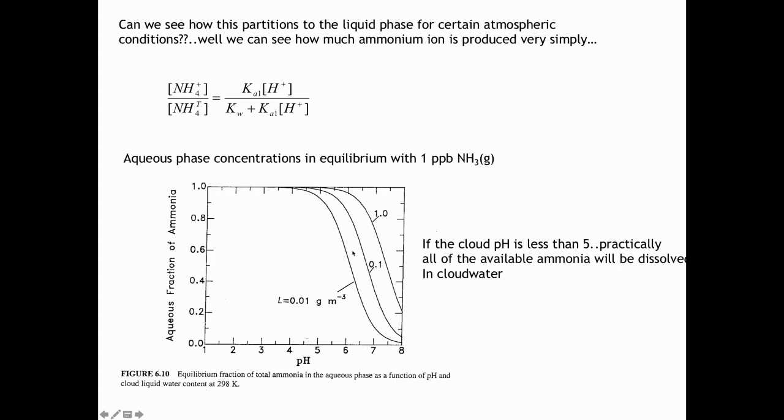If you increase the amount of water, then for a given amount of dissolved ammonia, for a given pH, you get an increase in the amount of dissolved ammonia, because you're more dilute solution.